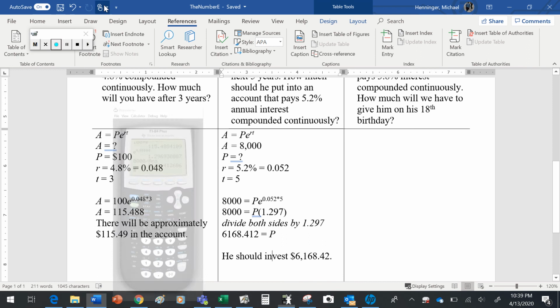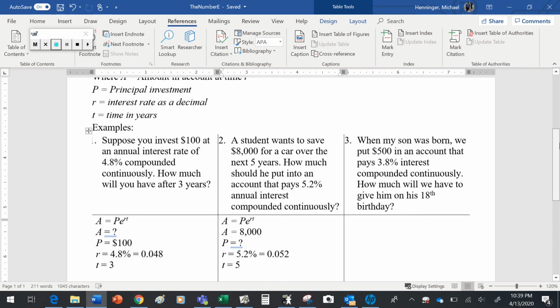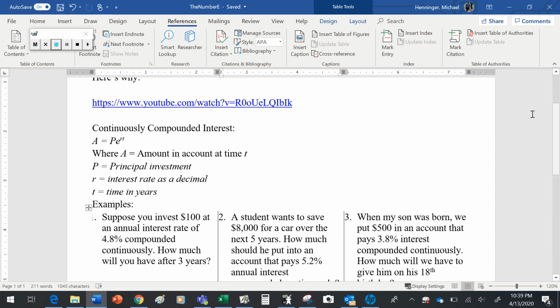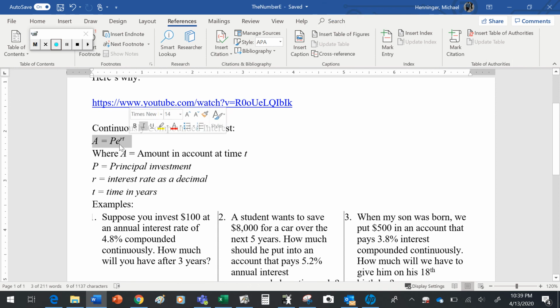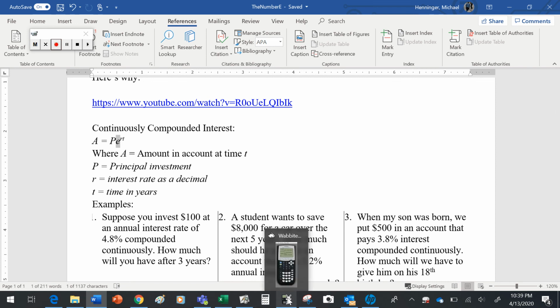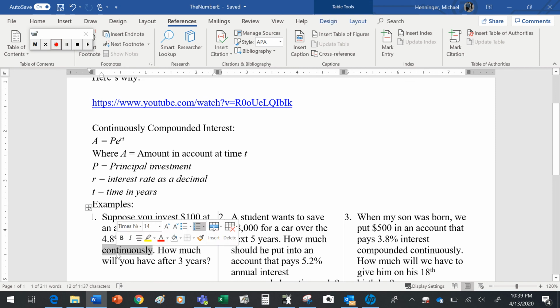All right, so we have this new formula, guys, and the good news is it's not really all that different from the one we used in the past. In fact, it's a little bit simpler. There's a little bit less to it. The tricky part is this number e. So anytime we're using that number e in a formula, first off, we need to see that phrase continuously compounded. That's what tells us we need to use A equals P e to the rt.